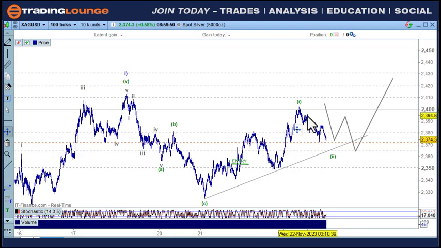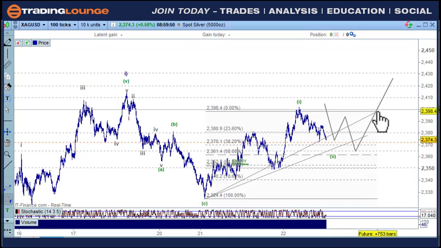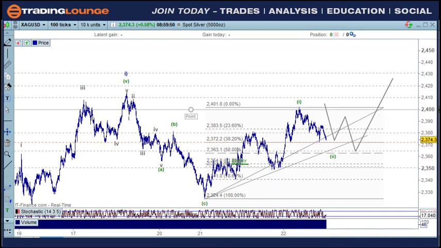It looks like we've got 1, 2, 3, 4, 5 here. So maybe an A and a B and a C, and we come down further. This could bring us back down to this space here, though it doesn't have to.